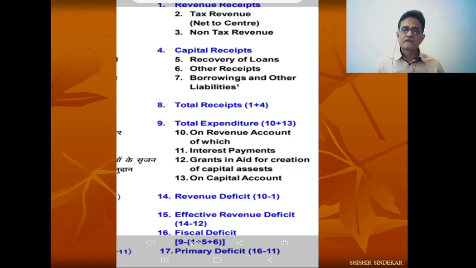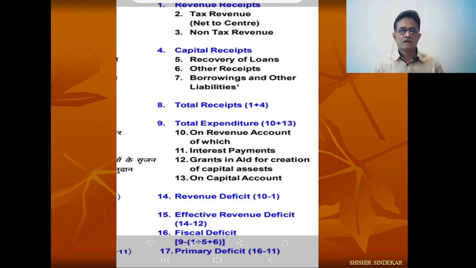The second part is indirect taxes. Nowadays most of the revenue is coming from the GST, goods and service tax combined together, and the third part is again the GST and the custom duties, and for some items the government is still collecting union excise duties. So in this way we can find tax revenue net to the center, then non-tax revenue.